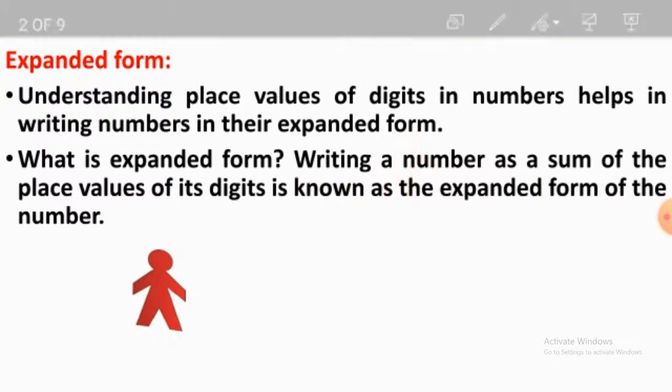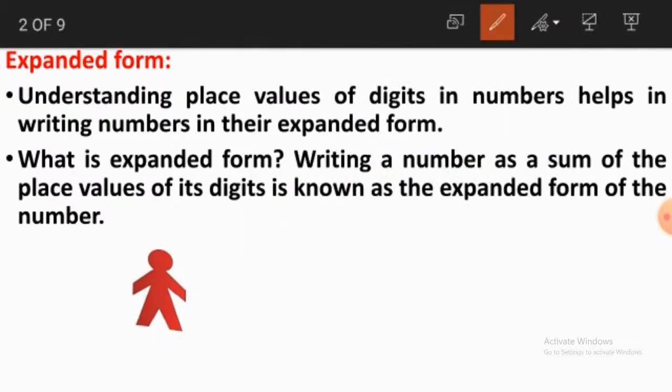Okay, if we take the example of a number here, 218. Let us take the example of number 218, children. Now what are they saying? Writing a number as a sum of the place values. First we have to write the place values. What is the place value of 2? 200.